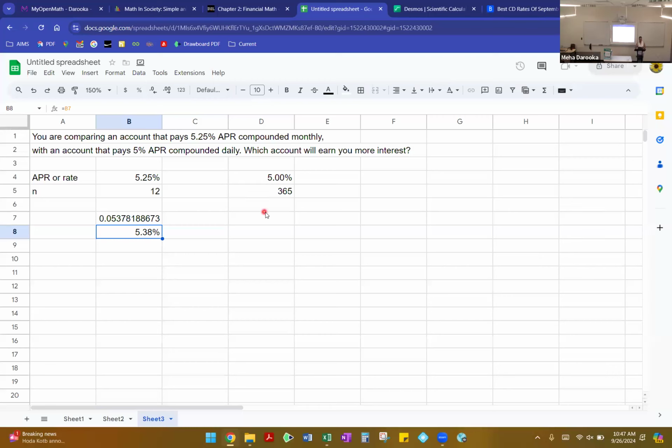12 months. Let's see what happens with the 5% at daily compounding. So again, effective rate formula. We're gonna click on the interest and then the compounding period. Close that. And then convert that to a percentage.